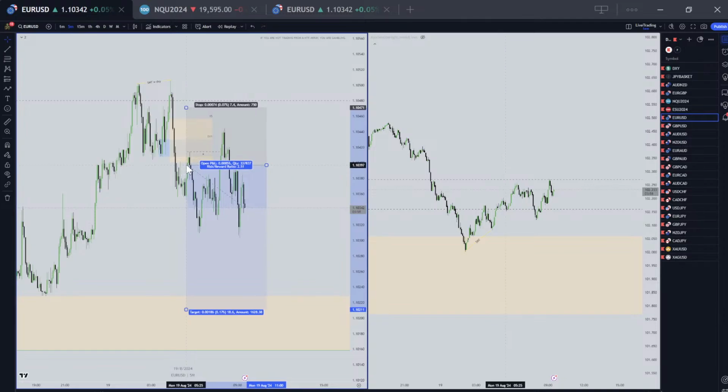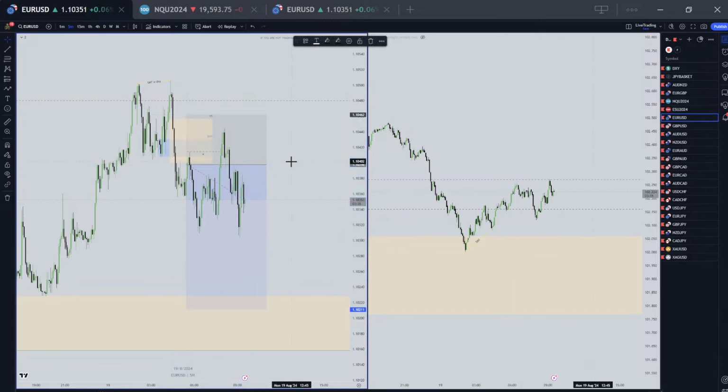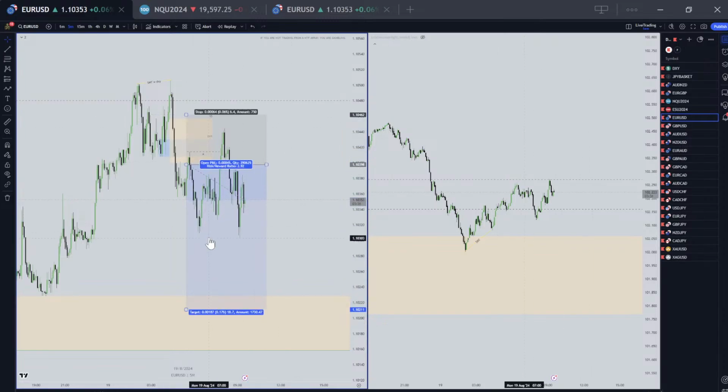My stop loss is 1046.2, and TP is 1021. Yeah, it's like this.